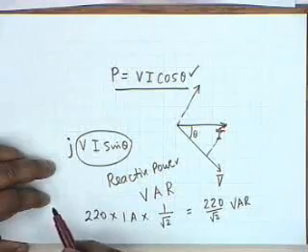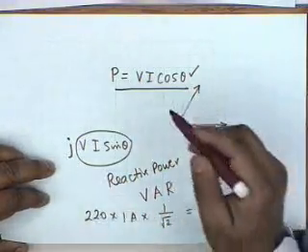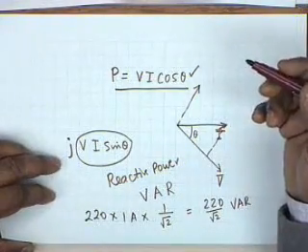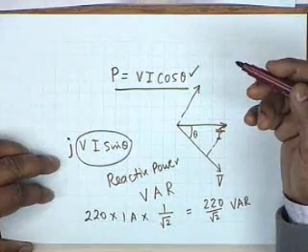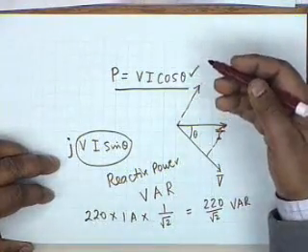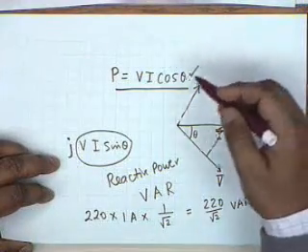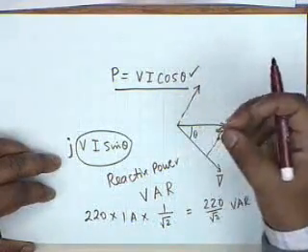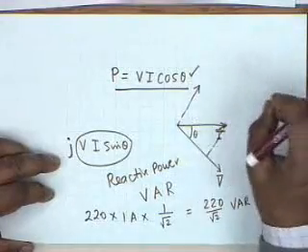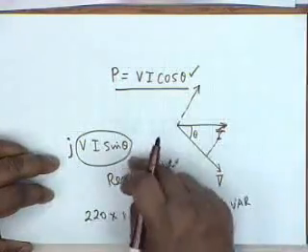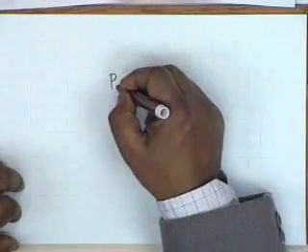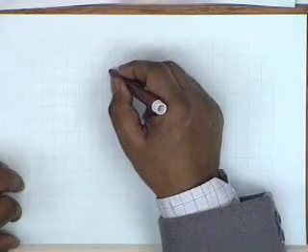But multiplied by sine theta. And if you consider power as a complex quantity, as a phasor, voltage is a phasor, current is a phasor, then obviously V I cosine theta is its real part, and the real part is the part that is dissipated, that is irrecoverable from the circuit, and its imaginary part shall therefore be the VAR. And therefore the power can also be considered as a complex quantity, and this is called complex power.